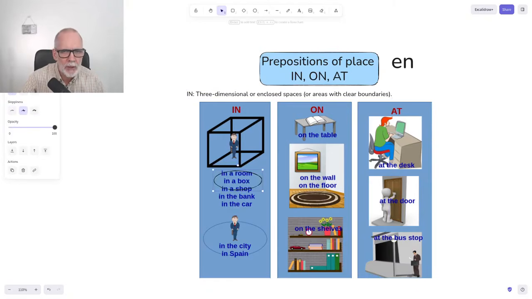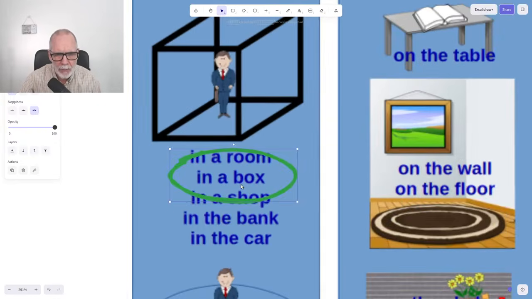In a box. O in a room, otro ejemplo. In a room es otro ejemplo de cuando vamos a usar in. Let's make this bigger a bit.